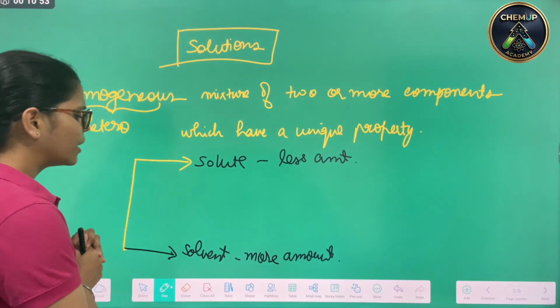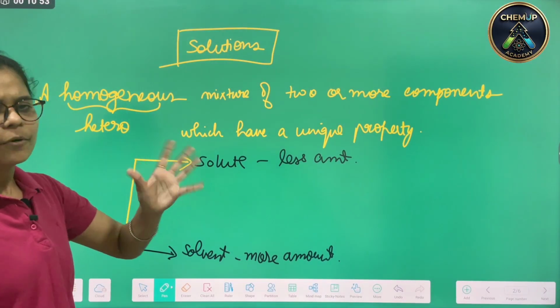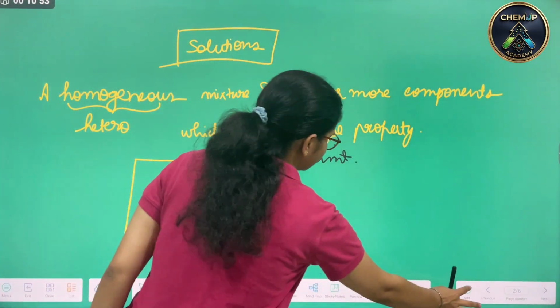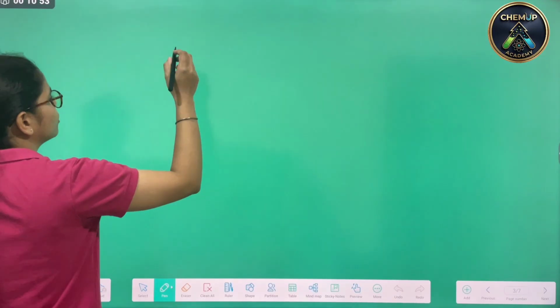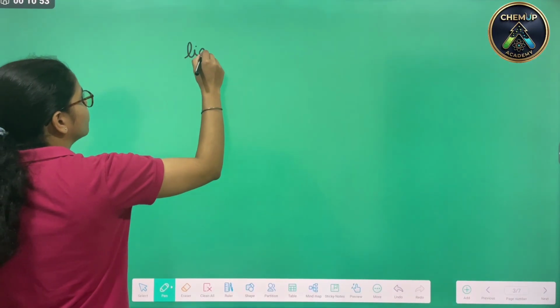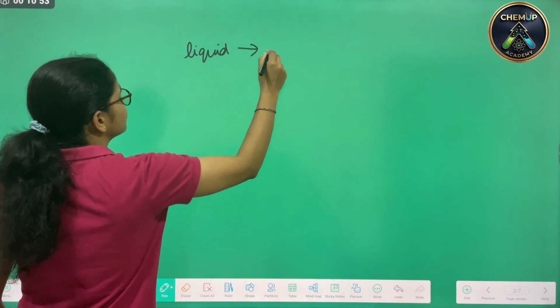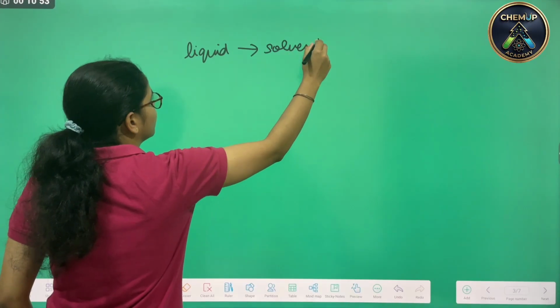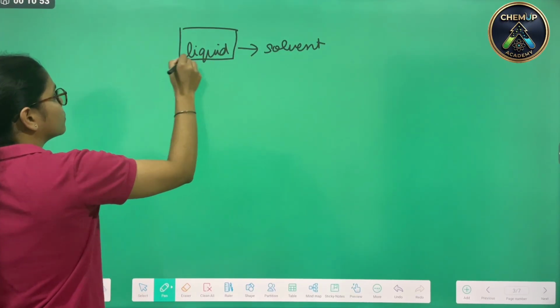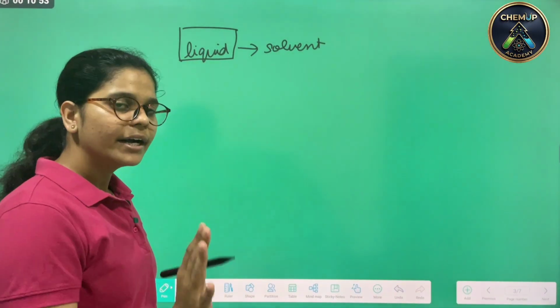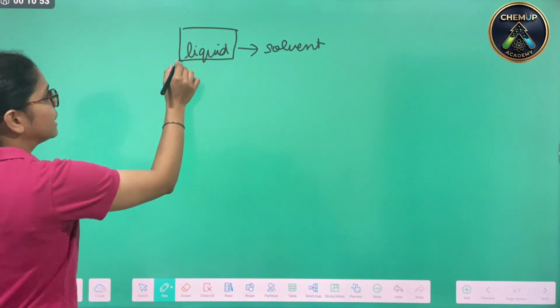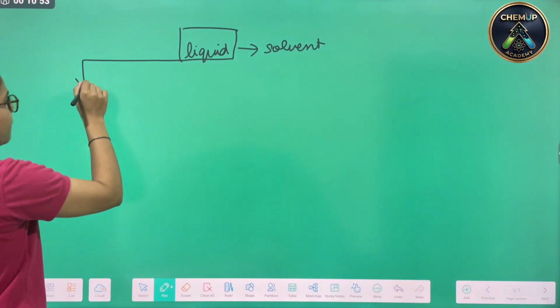Now, if we talk about the type of solutions that we can have, say we have the liquid solutions, we have the liquid as our solvent. This is our topic to focus upon. There can be many, but what we are focusing upon is here we have solvent as liquid.